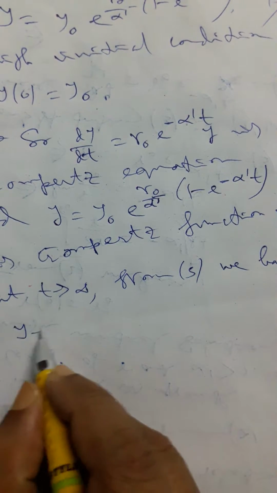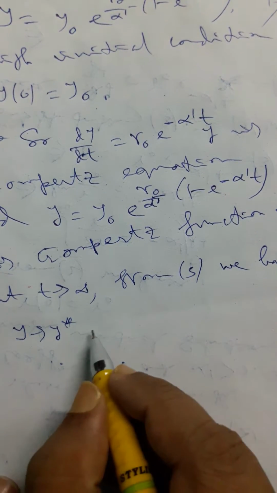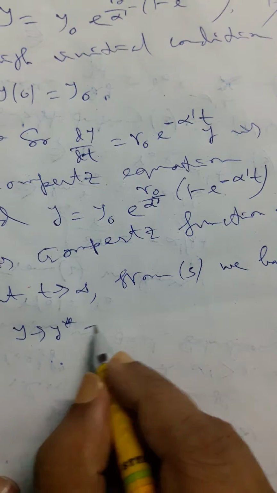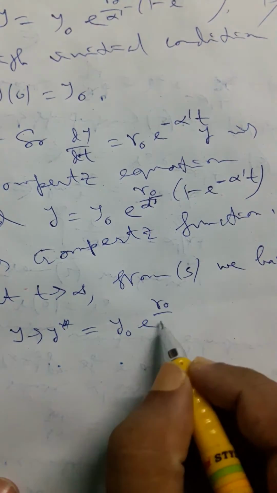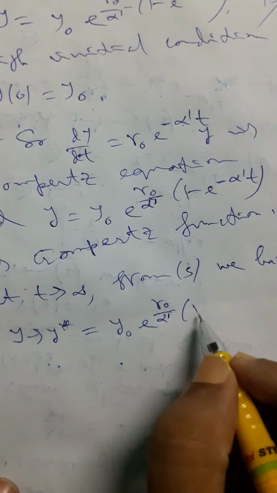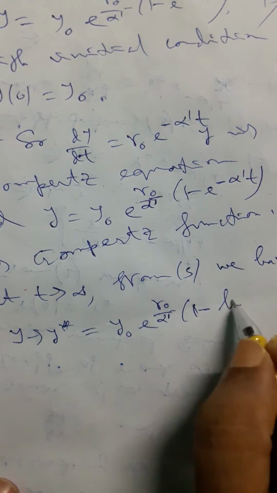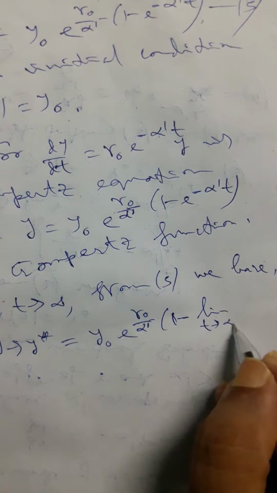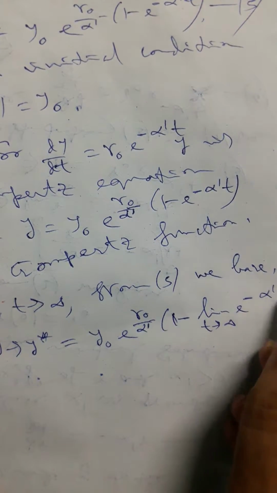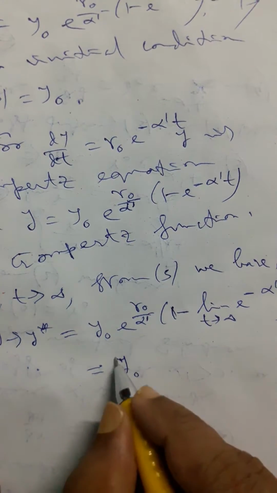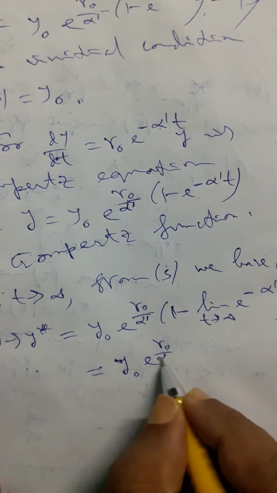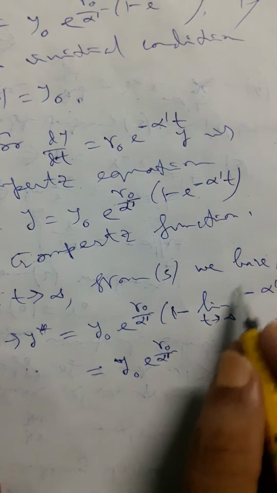So at t tends to infinity, y tends to y star, which equals y0 into e to the power of r0 by alpha dash minus y0 into the limit as t tends to infinity of e to the power minus alpha dash t. This limit will be 0, so y star is y0 into e to the power r0 by alpha dash.